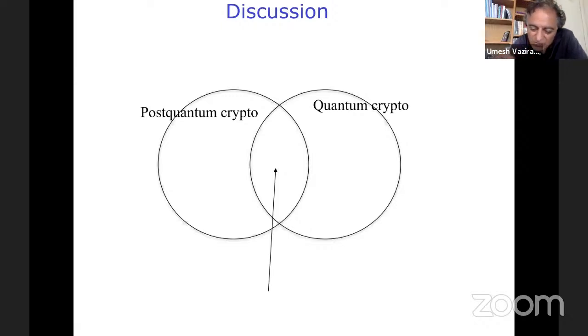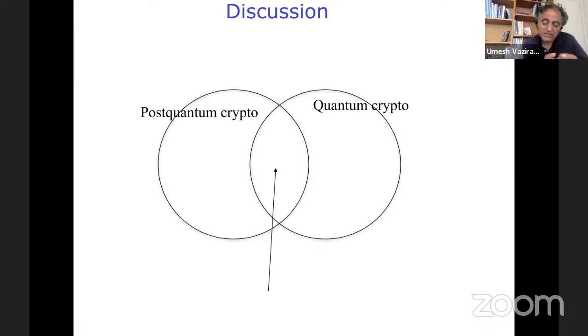I think what's happened now is that there's this very interesting intersection between the two, where you use post-quantum crypto in order to guide and gain control over quantum systems.